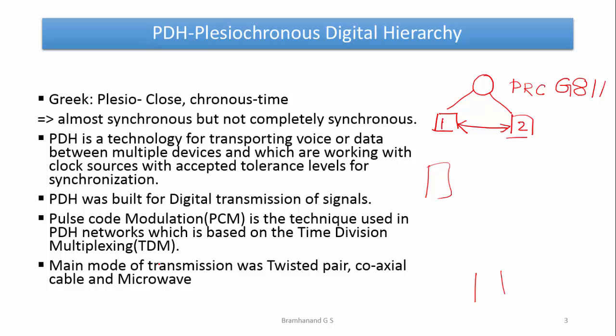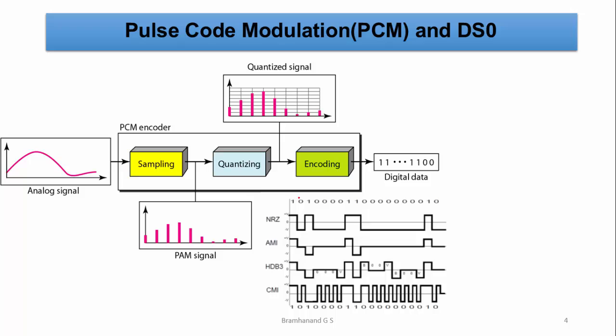The main mode of PDH data was through twisted pair, coaxial cable and microwave. In order to discuss digital communication networks or optical networks, we need to understand PCM first. What is PCM?